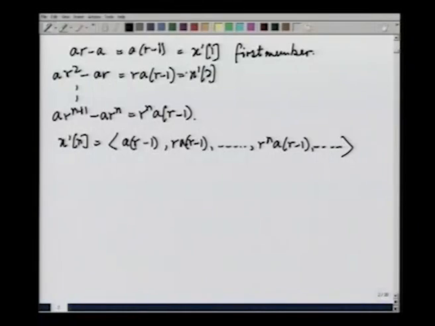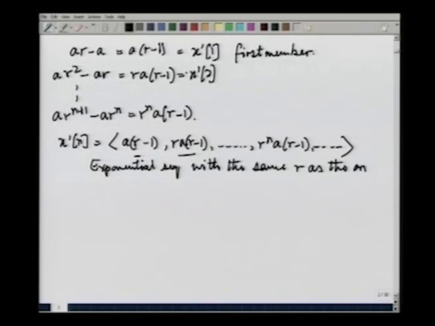If you take the second member of this sequence and divide it by the first member, you will get r. If you take the third member and divide it by the second member, you will get r. So, this is certainly still an exponential sequence. More importantly, it is an exponential sequence with the same r as the original.